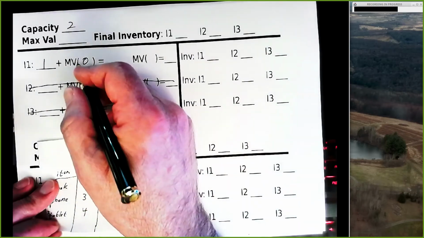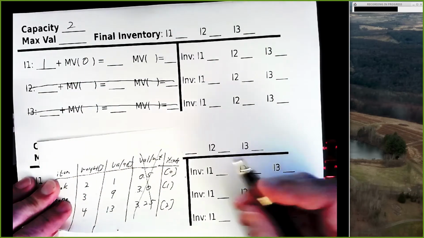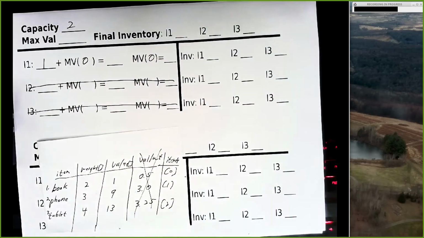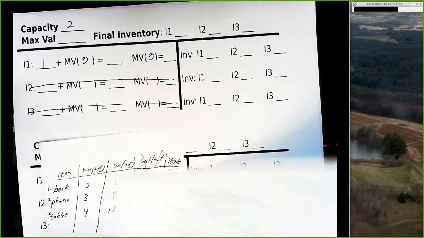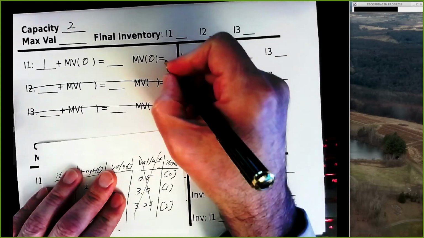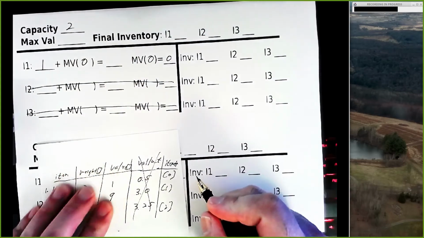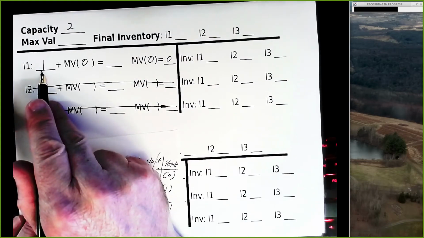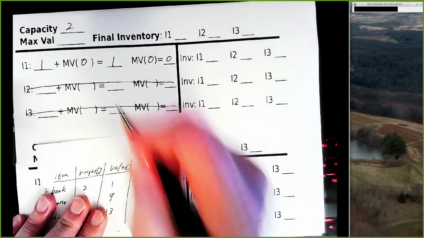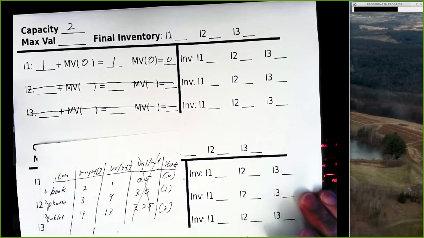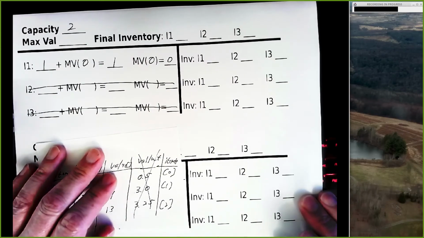But we do have to make one recursive call to max val of 0, and when we call max val of 0, remember we can just put a base case that says if capacity is 0, return 0. So max val of 0 is 0. And so if we start with item 1, the best value we can get out is 1 plus 0, that's just 1. And we've got our first answer to a max val question.